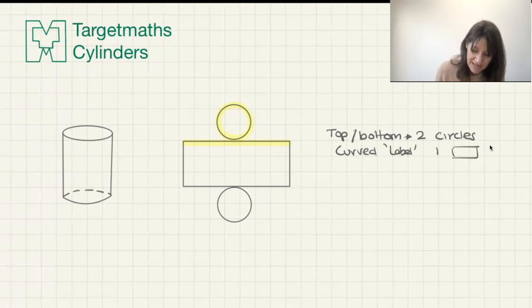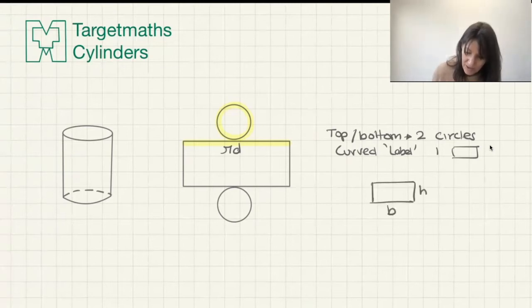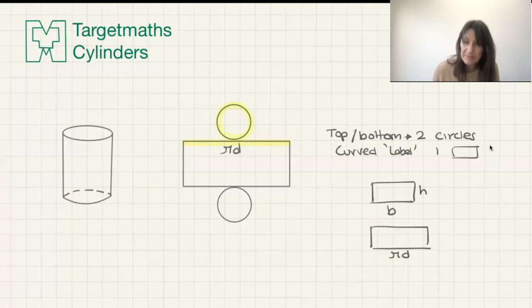That rectangle has pi d as part of its working out. The normal formula for finding the area of a rectangle is base times height. When we're looking at it as coming from a cylinder, the base is pi d. If I didn't have that number, that's how I would find it, multiplied by the height. So that's kind of what's going on.